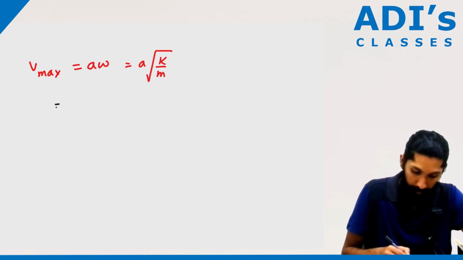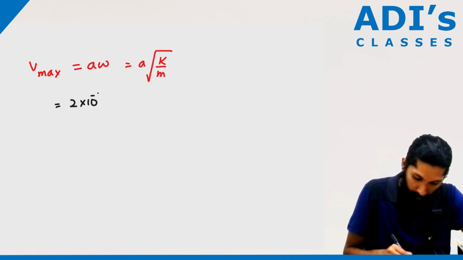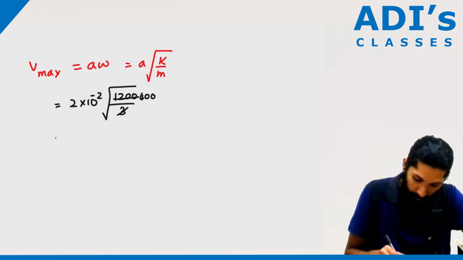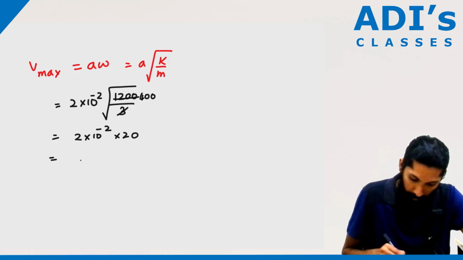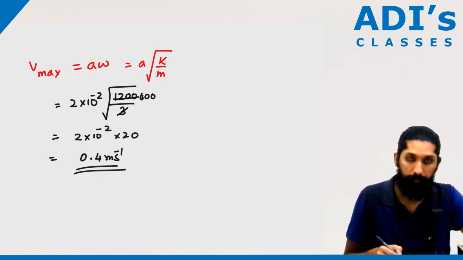Now you substitute: 2 into 10 power minus 2 into root of 1200 by 3, which is 400. So 2 into 10 power minus 2 into 20 gives you 0.4 meter per second.